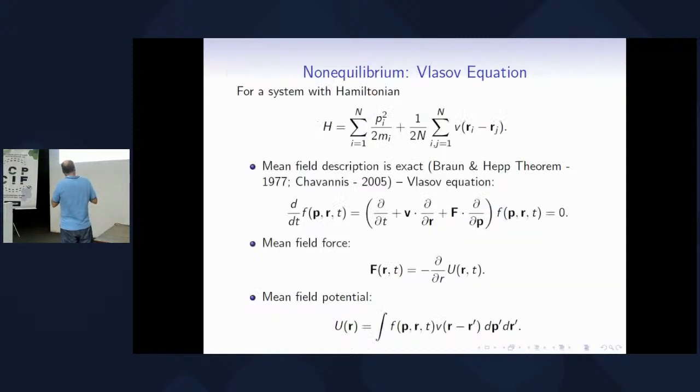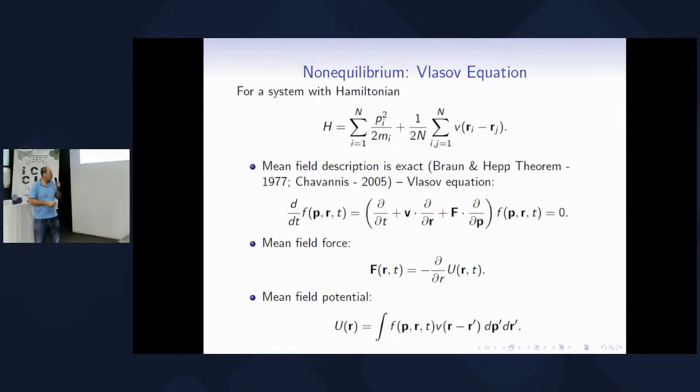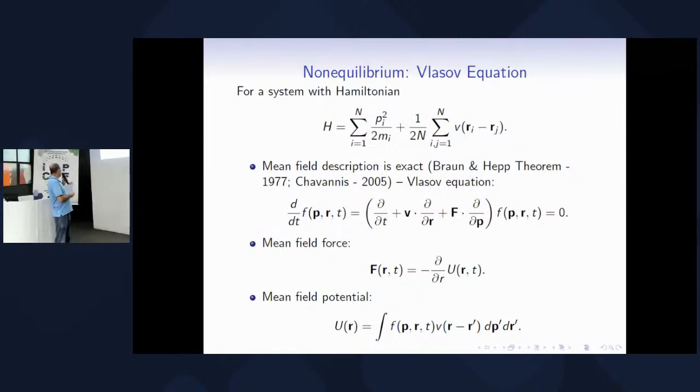This is just, I will show you the Vlasov equation, which describes this initial evolution. It is a very simple mean field equation, which simply says that the one particle distribution function, which represents the density of probability of one particle having momentum p, position r at time t, satisfies the Liouville theorem for the one particle state space.